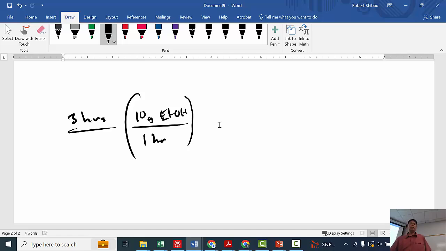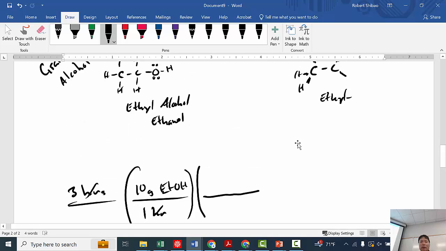And so we could just do this really quick here. Okay, so hours cancel. And there are multiple ways you can solve this. If I asked some of the students here how they solved it, they probably solved it a different way. Okay, so we get how many grams of ethanol, and then what was the wine's ethanol content?